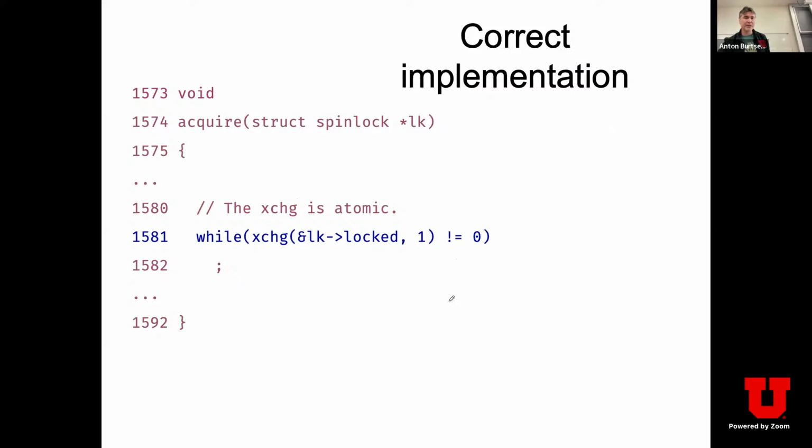So essentially, if you simply rewrite this loop with this exchange function, you say it atomically sets it to 1, and if it returns 0, then you go out of the loop. If not, it returns 1 and it will keep spinning until someone resets it back to 0, right?